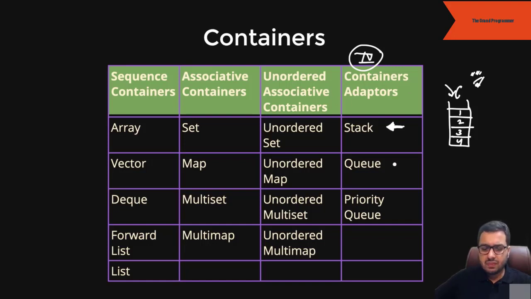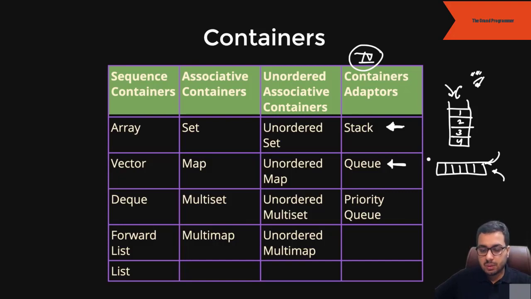Then there is queue. A queue again can be implemented using an array or a vector. But queue supports the following operations. Why are we using these data structures? Because it is easy to think in terms of a queue or a stack when we are solving a problem in which this kind of data structure can be used.